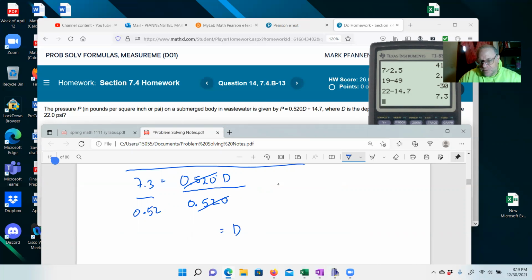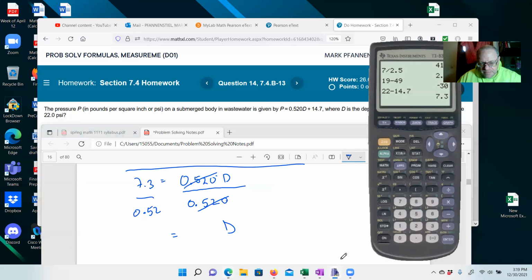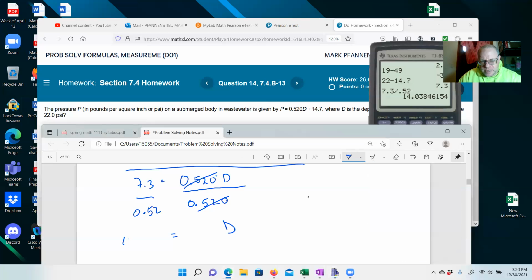We get D is equal to 7.3 divided by 0.52, and we ended up with 14 and some change, 14.038.